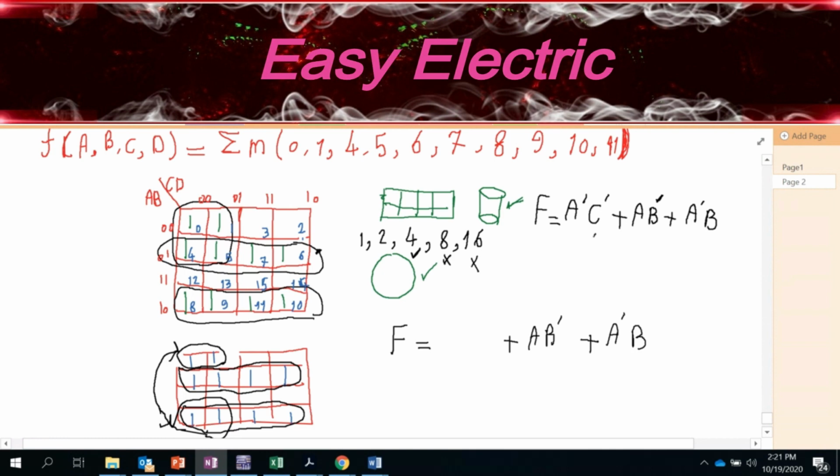So definitely we will change these terms. Let's see. Here, if you write again, the AB is 0, 1, so there is no A. How about B? B here is 0, here is 0, so it should be changed to B prime. And how about C and D? Again, C here is 0, 0, you get C prime, and D is 0, 1, so it will be gone. That means you almost got the other terms.